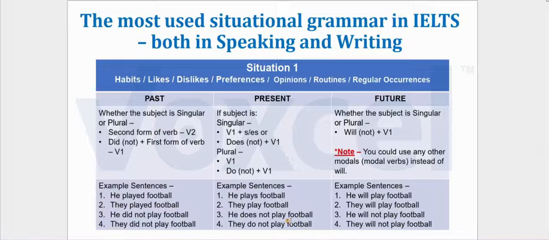And in future, it doesn't matter if it's singular or plural, we will use will. They will not play football. You can use can, may, might, but it will change the meaning of the situation. Like, they cannot play football, so you are trying to tell their inability to play football. They will not play football, you are talking about their preferences, habits, likes, dislikes, something like that. I hope it is clear till now.